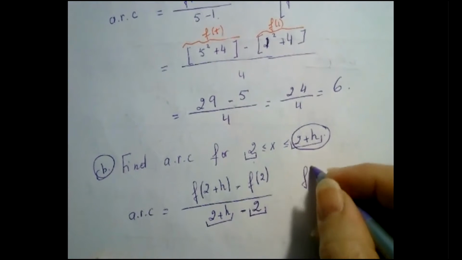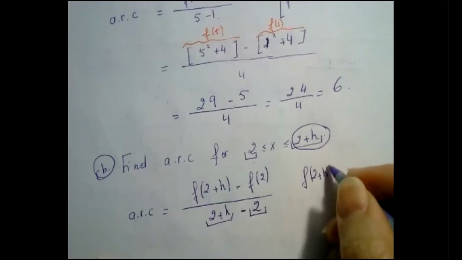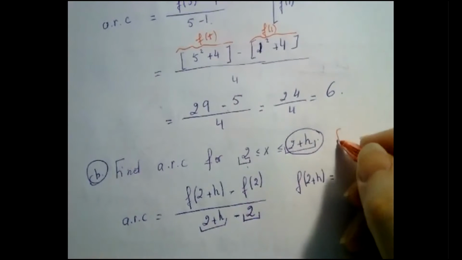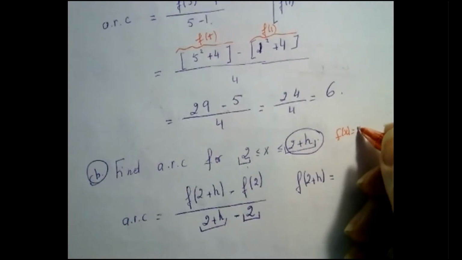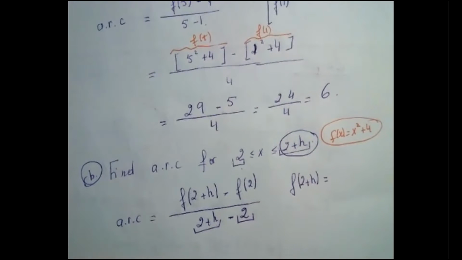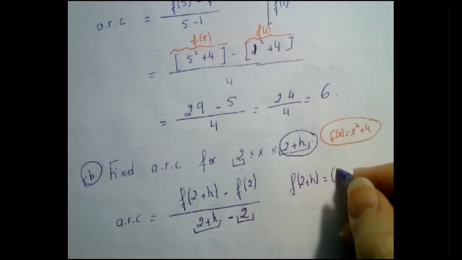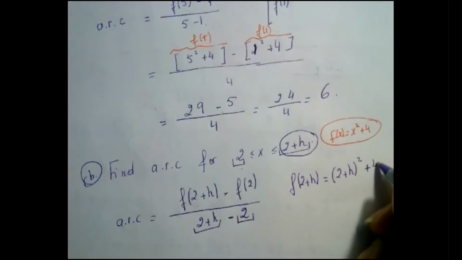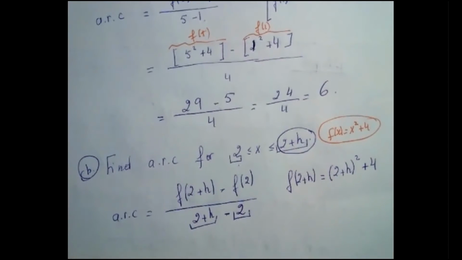I'll do them on the side. My function f of x is x squared plus 4. So f of 2 plus h is (2 plus h) squared plus 4. Okay, I'm computing that term.